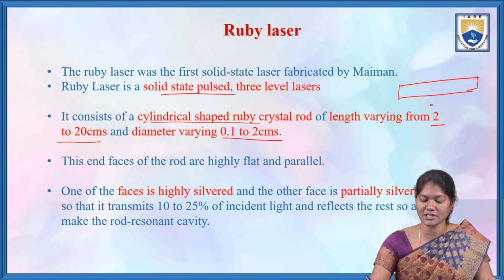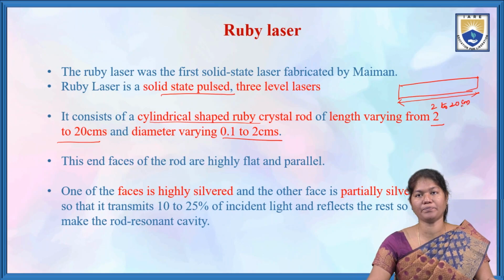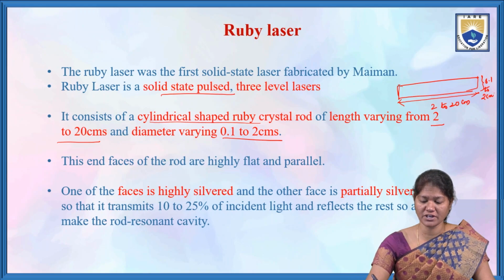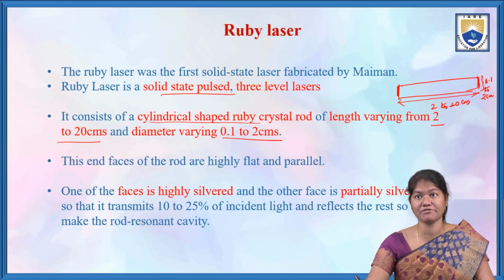So this cylindrical Ruby crystal rod has a length of 2 to 20 centimeters and a diameter of 0.1 to 2 centimeters. The end faces of this rod are highly flat and parallel to each other.